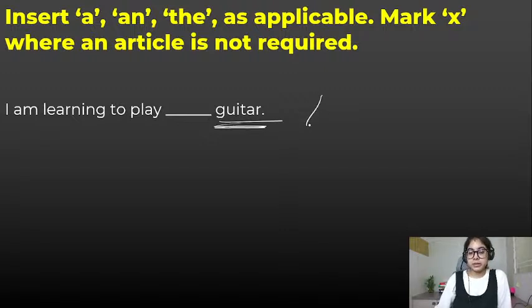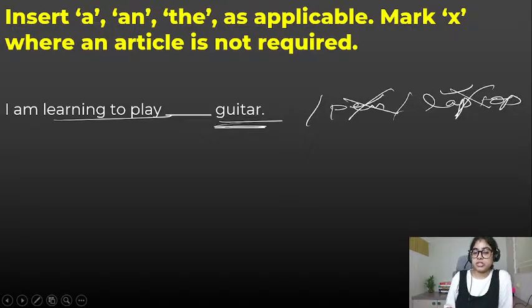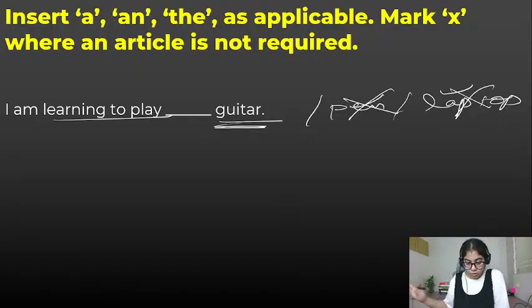For example, if I replace it with any other objects, a pen or a laptop, you can't learn to play these things. So therefore, here a guitar is not just a mere object. It's an instrument. It's a type of instrument. So out of all the objects, ये एक इंस्ट्रूमेंट है. तो इसे अपना स्टेटस देना चाहिए क्योंकि आप सिर्फ एक इंस्ट्रूमेंट को प्ले करना सीख सकते हैं.